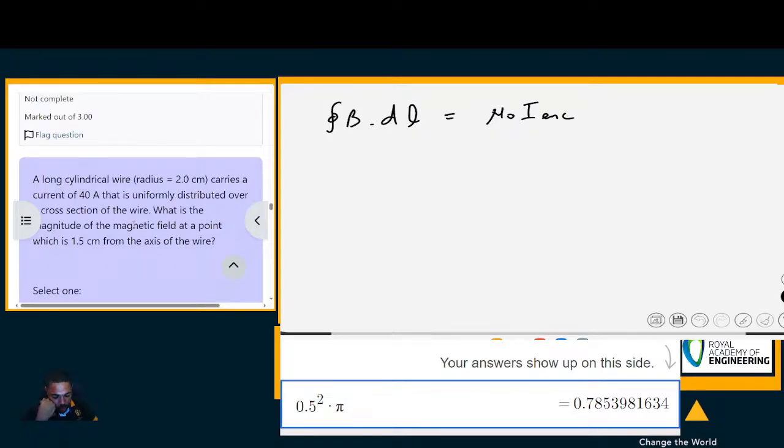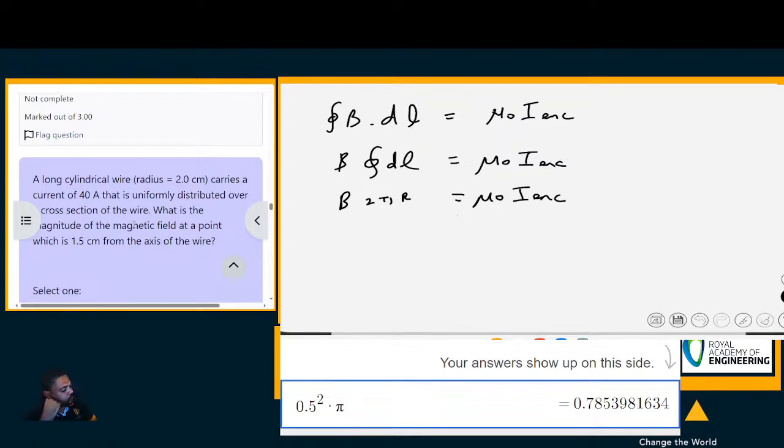The magnetic field is uniform, so it is dl. It's a circular loop. Mu naught I enclosed. Now this is basically the circumference of a circle, which we can write as 2 pi r. This only works for a circular loop. So mu naught times I enclosed. I could have just written this formula at the end here, but I rather wanted to show you how we got it. You should actually know it by now.